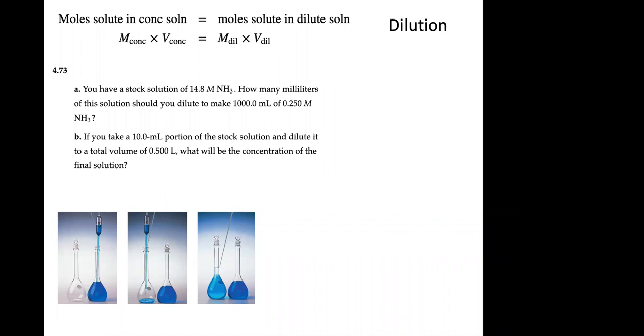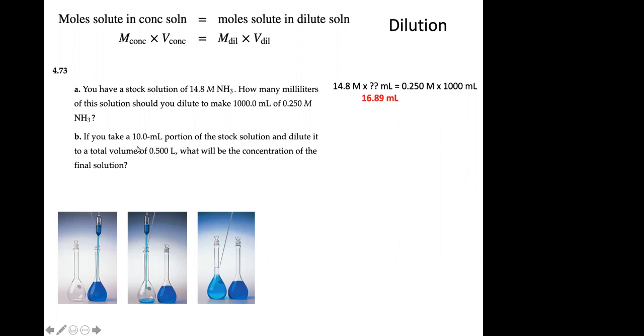I have information about the initial concentration, and I have information about how it's going to end up. So I've got 3 out of 4 terms. In order to use this expression, we have 3 out of 4 terms and solve for the missing one. The missing term here is how much I would have to transfer over in order to dilute it to make that solution. 3 out of 4 terms.